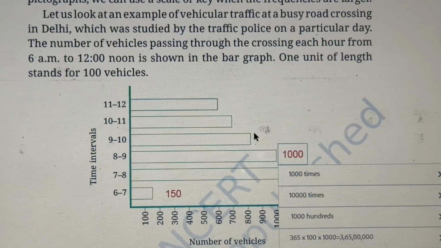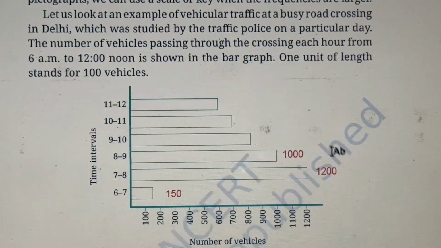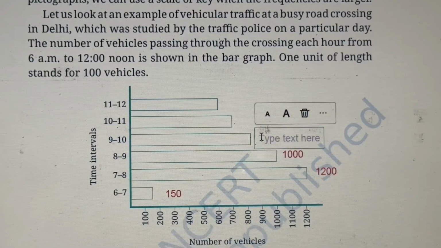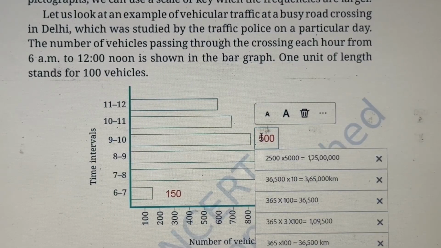Okay. Then 9 to 10, just see here, you can again keep a scale and it is going till 800. So 800 vehicles passed.